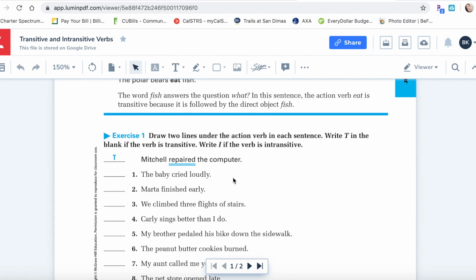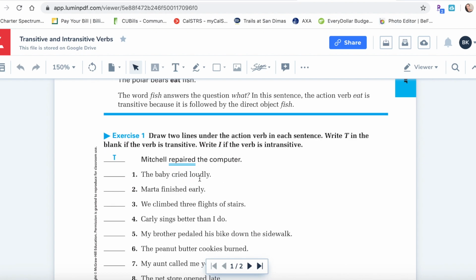All I want you to do is say the word in your head, or you can say it out loud even, what you think the verb is. What is the action word? What is something that the baby is doing? The baby is crying, right? The baby cried. The baby didn't loudly, the baby cried. So right here, this word, cried, this would be what would be double underlined.